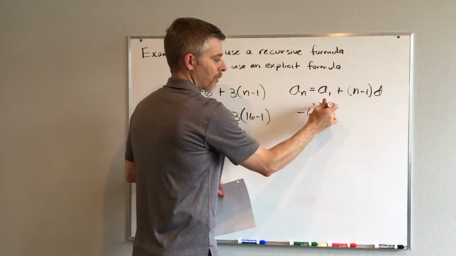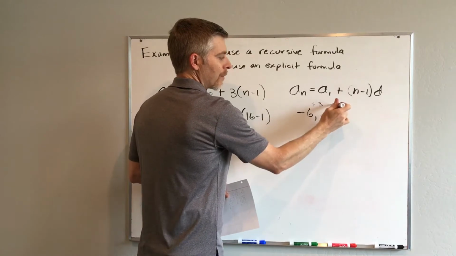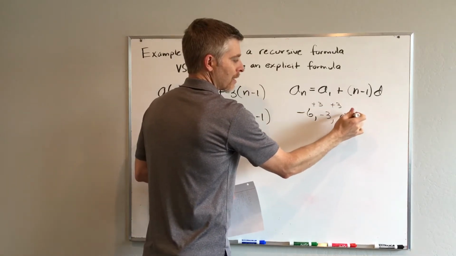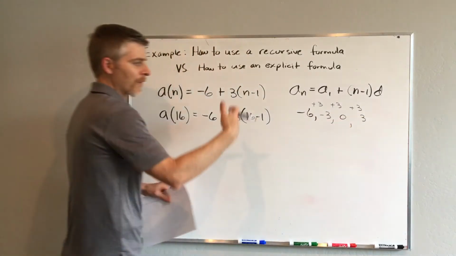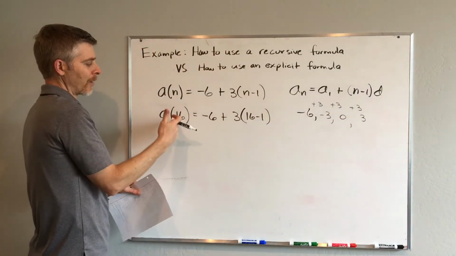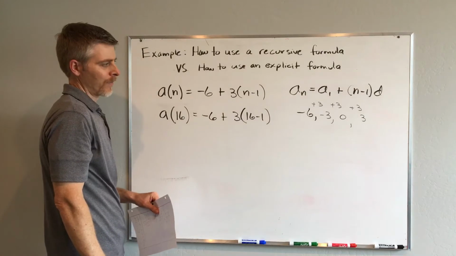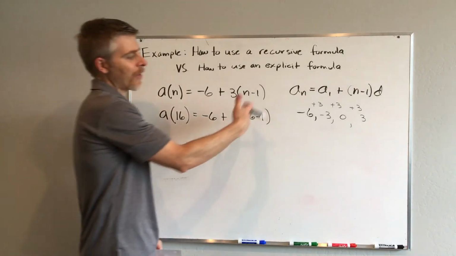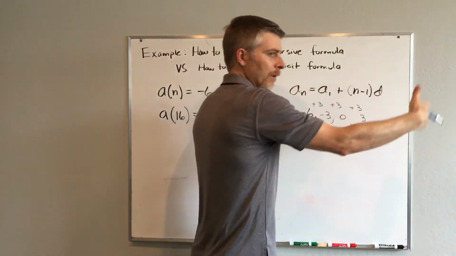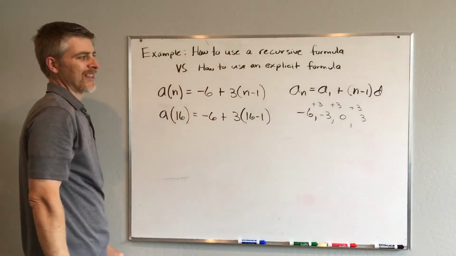So plus 3 would be negative 3, plus 3 would be 0, plus 3 would be 3, and we keep going all the way till we get to the 16th term. But the explicit formula is a shortcut. So we don't want to have to add 3 over and over again to get all the way to the 16th term.